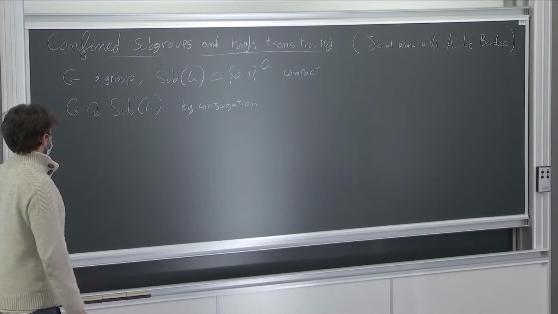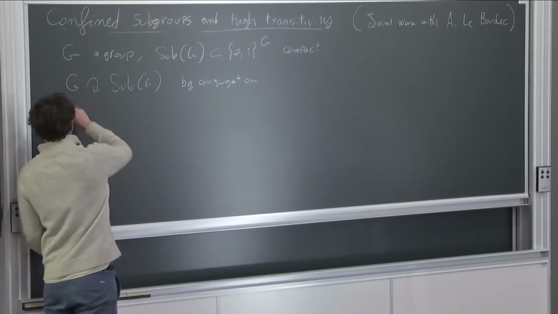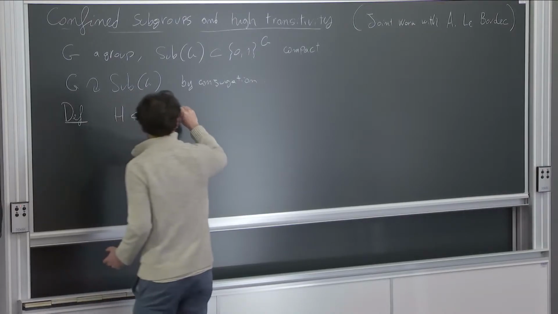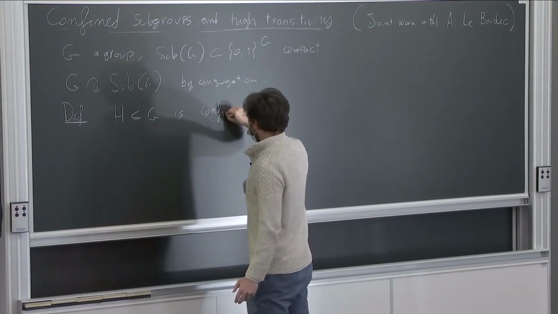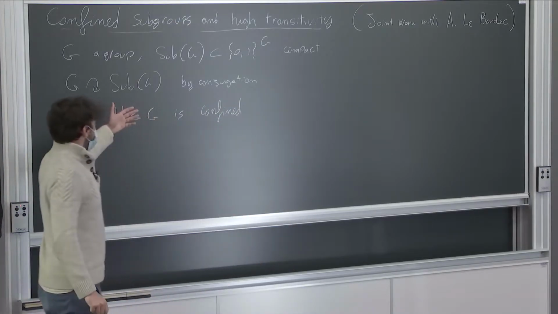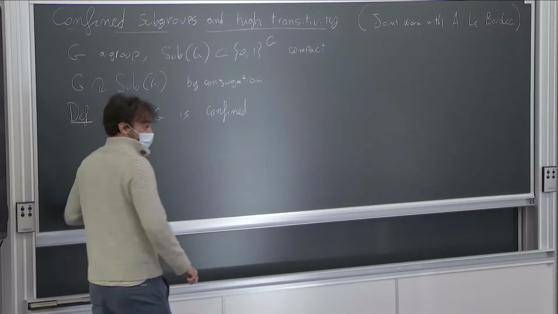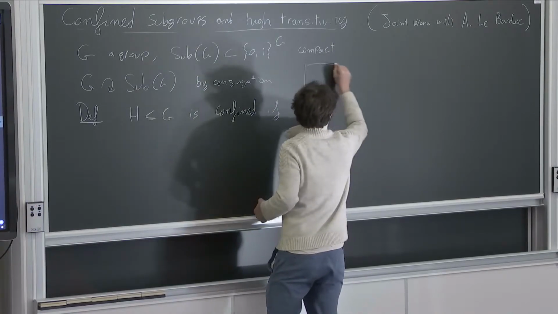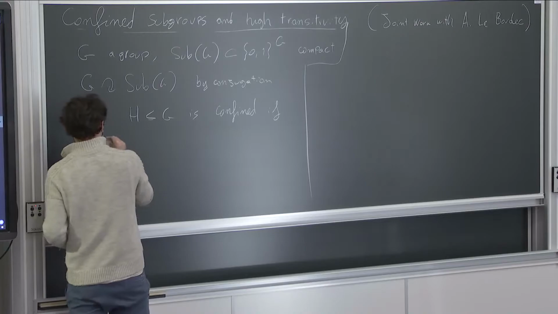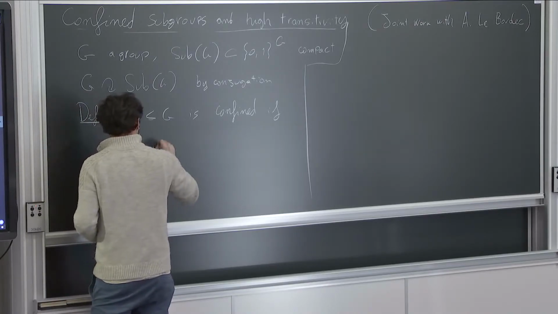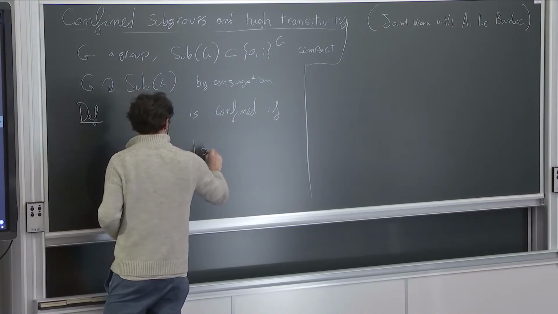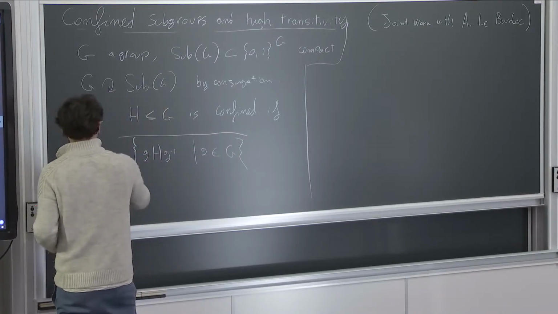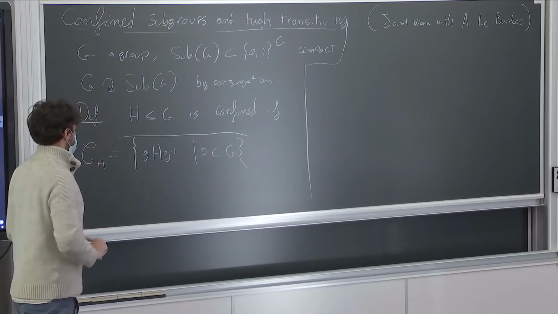So what do I call a confined subgroup of G? A subgroup H of G is confined if, when you look at it as a point in this space for this action, and you look at its G orbit, which is just the conjugacy class of H, and you close it, let me call this C(H), the closure of its G orbit.